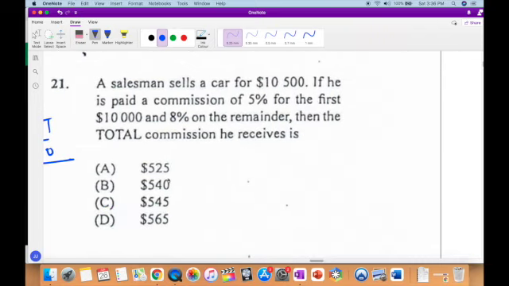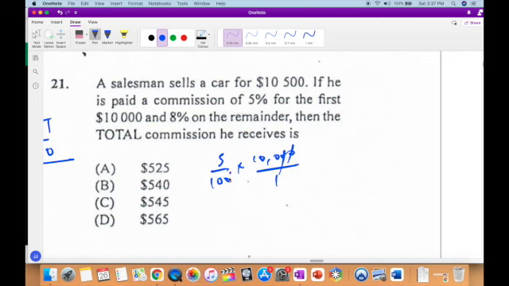A salesman sells a car for $10,500. If he is paid a commission of 5% for the first $10,000 and 8% on the remainder, then the total commission that he receives is? So 5% for the first 10,000: 5 over 100 multiplied by 10,000 over 1.